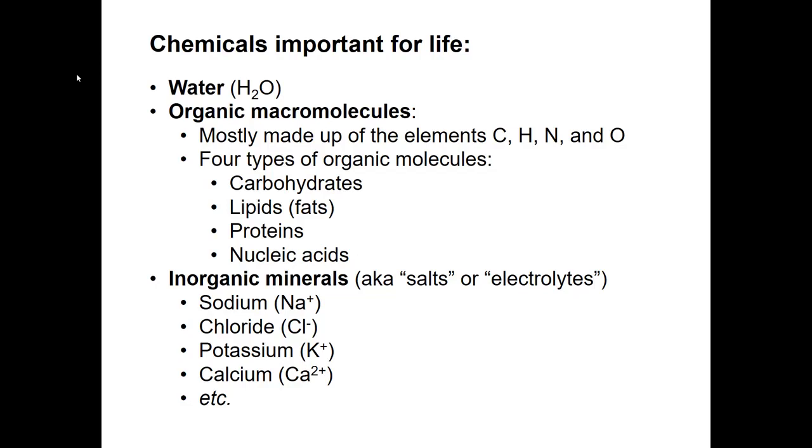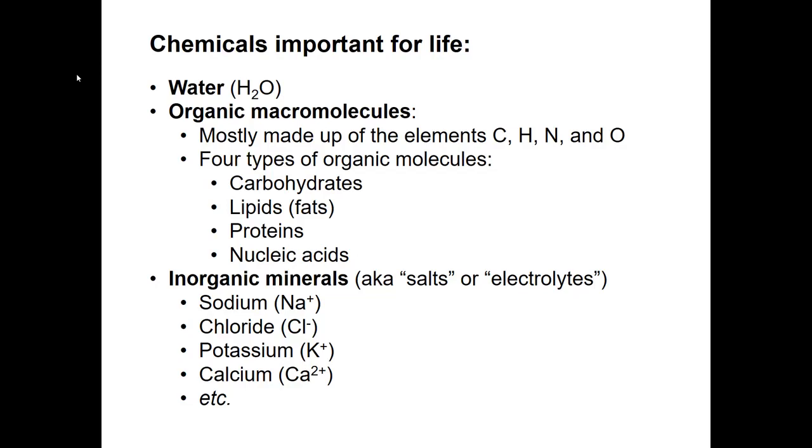And then finally, our final important chemical component of the body that we've listed up here are inorganic minerals. They're inorganic because they don't have a basis in carbon. For the most part, they're not large molecules at all. These are mostly just ions that have really important roles in the nervous system, in the muscular system, and help keep the bones rigid.